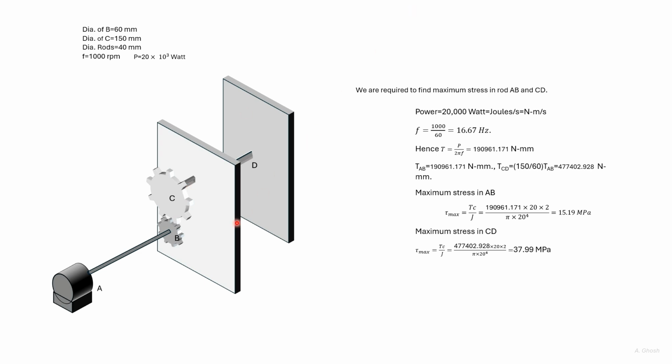Now, given that we have the power and the frequency, we can find out the torque in AB. So torque in AB is power by 2 pi f. So we know the torque in AB. And since we know the diameter, we can find out the maximum stress in AB.